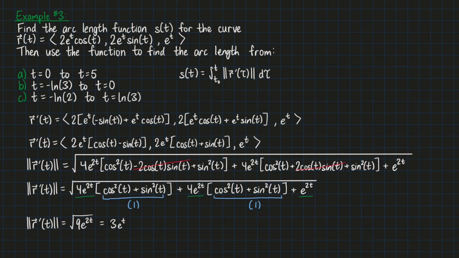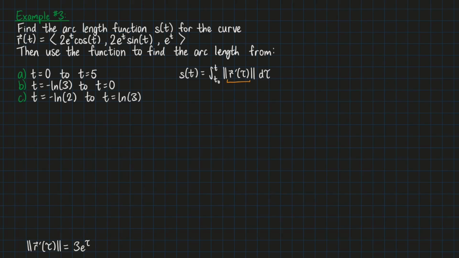Now, specifically for the arc length function, we are going to have to change the t to a tau. So s of t equals the integral from t naught, which is t equals 0, to t of 3 e to the tau d tau.